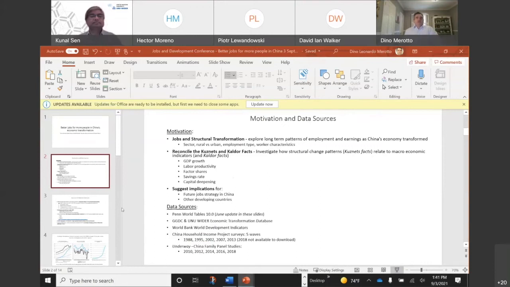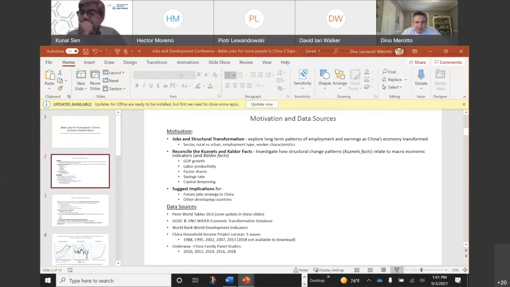Okay. So just to recap, the interesting macro issue here is how to reconcile the Kuznets facts with the Kaldor facts. And this is probably something that only people around my age remember studying, because they're not really talked about very much these days in the growth literature.